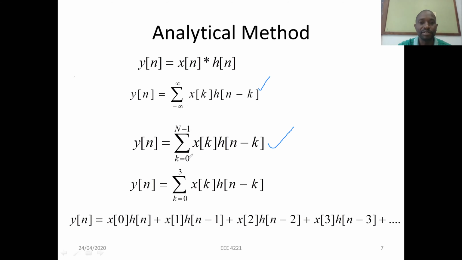As you've seen, all our sequences are not starting from negative infinity; they are all starting from 0. So k will run from 0 to N minus 1, where the capital N here is basically the highest number in the sequence, minus 1.